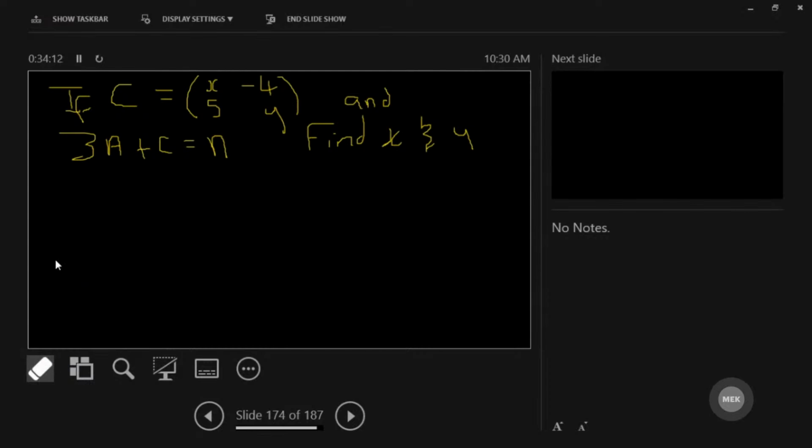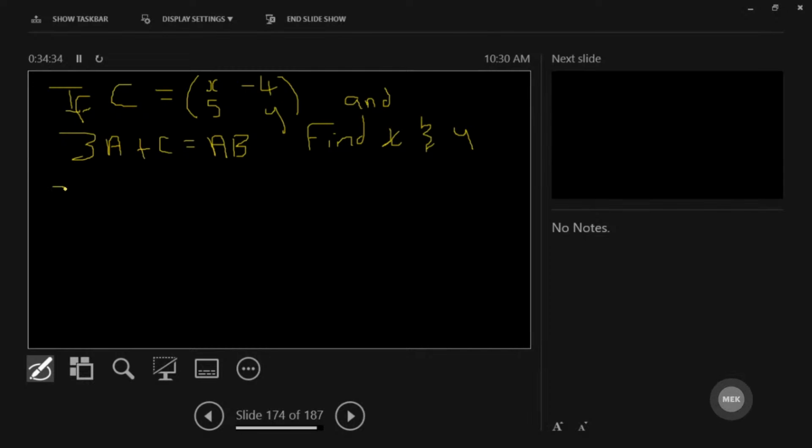AB was 35, 61, 5, 7. So let's find out 3a plus c, and then equate it with the product we found in part A to find x and y.